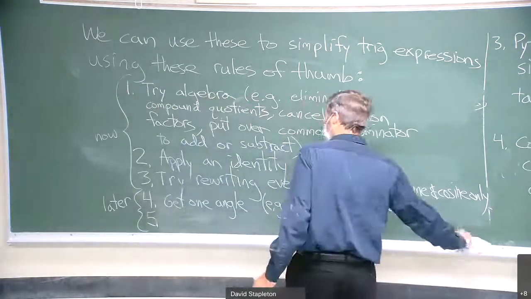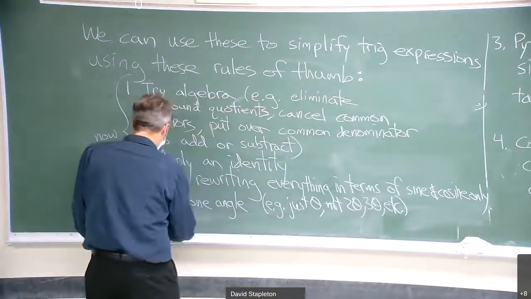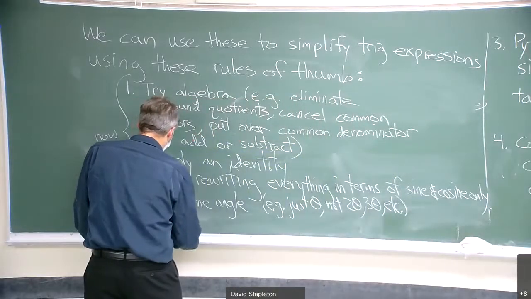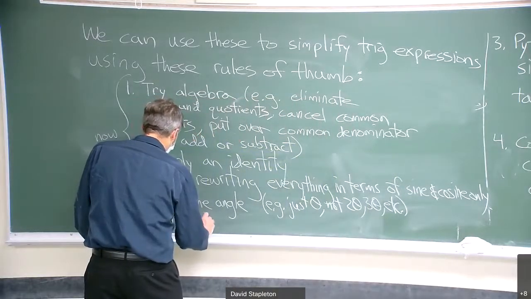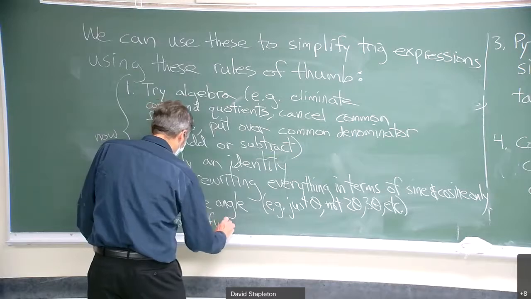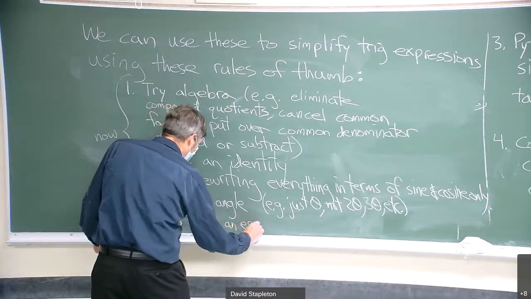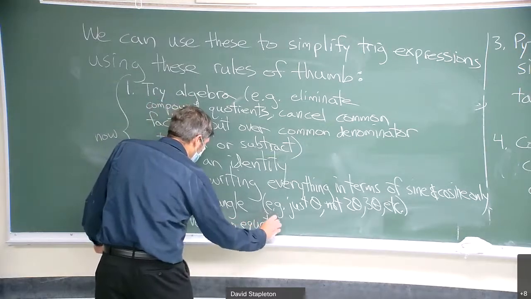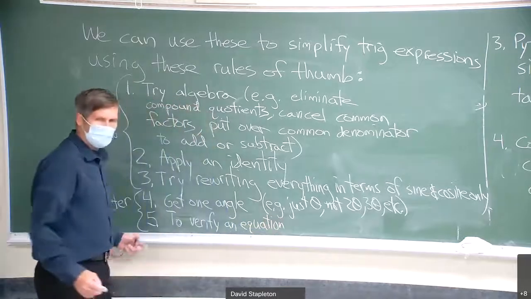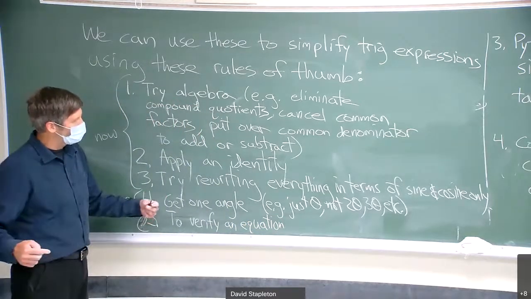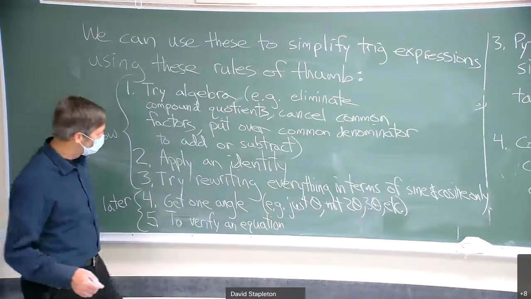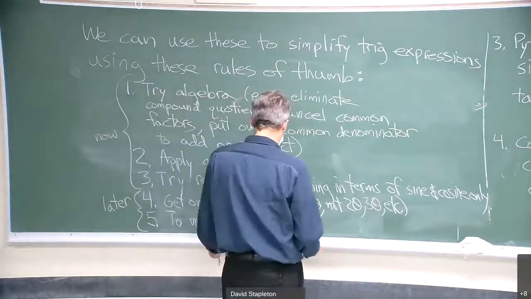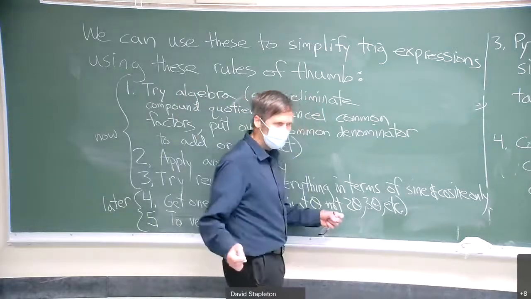If you're given an equation, say an identity, you can work both sides towards the middle. You can simplify on both sides and try to work toward a middle common result. That's a very nice way to make proofs.